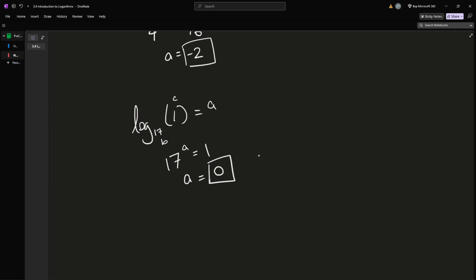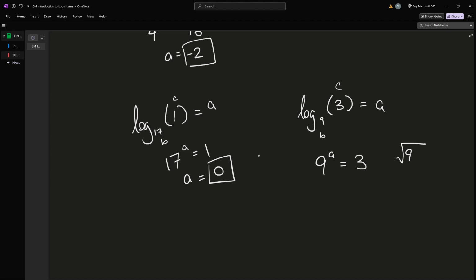Let's do a nice little fun one. Log base 9 of 3. B, C equals A. 9 to the A power equals 3. How do I get from 9 to 3 in terms of exponents? And a quick little reminder, roots are actually exponents. Square roots, cube roots, all that stuff, those are exponents.